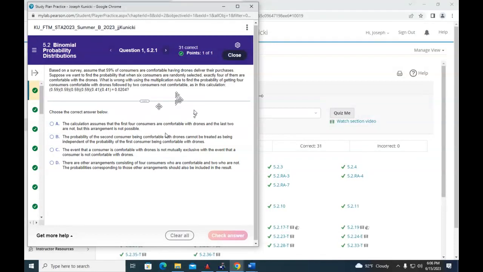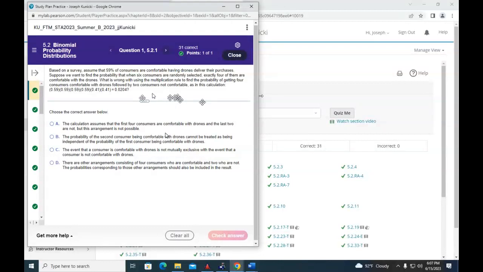See, this is the tree diagram. Success, failure. That one right there is just multiplying. You have to minus the failures from the success. No, there's no minus.